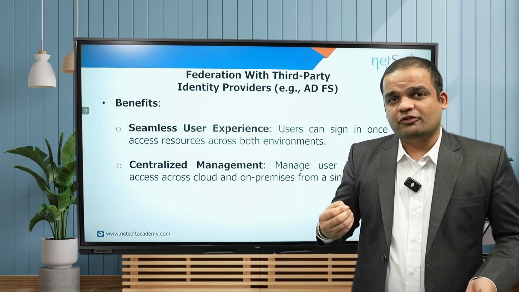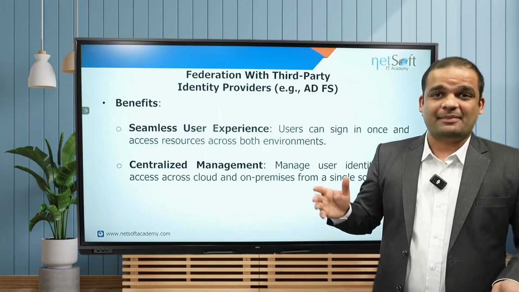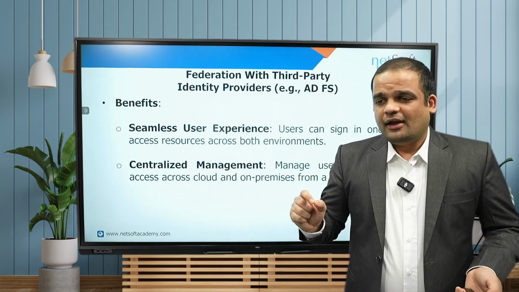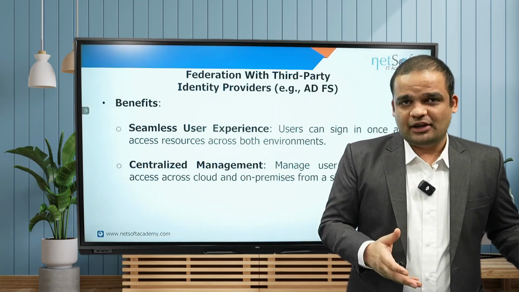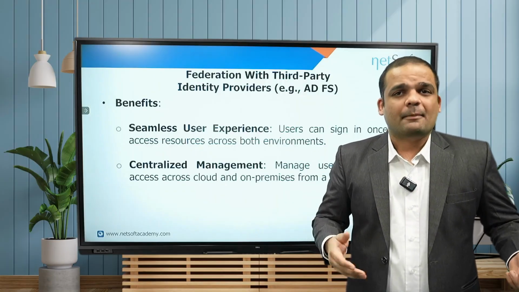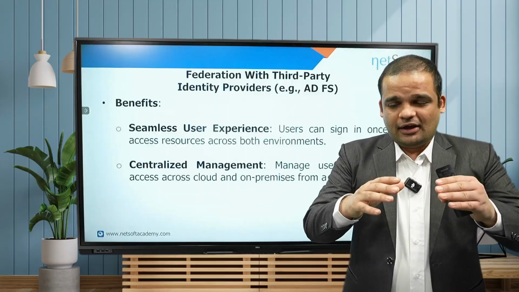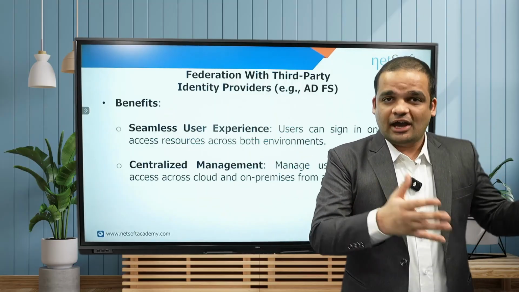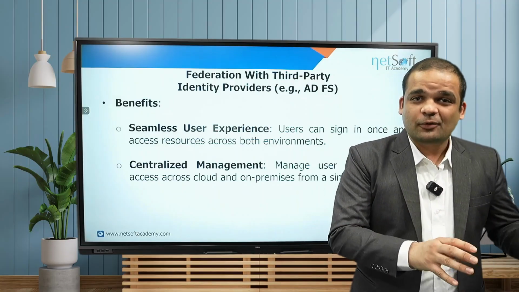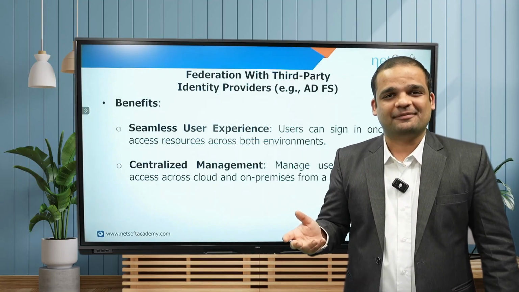The next major advantage is centralized management. User identities, or UPNs, and access can be managed from a single source, a unified platform, providing a unified location such as Azure for controlling access to both cloud and on-prem resources.